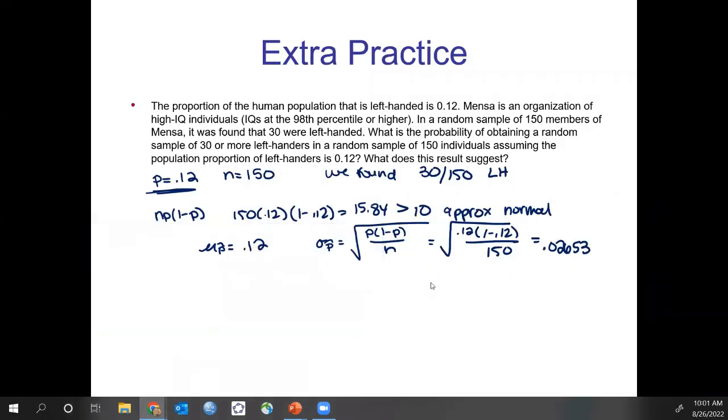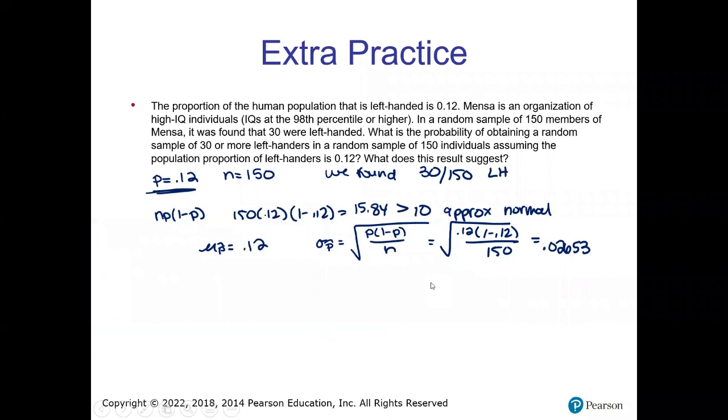So 20% of my Mensa people were left-handed. So what is the probability of getting that or more? What is the probability that our sample proportion would be greater than 30 out of 150? That's what we're testing.